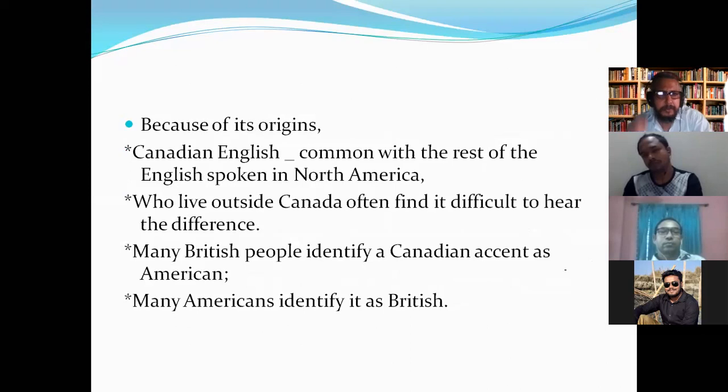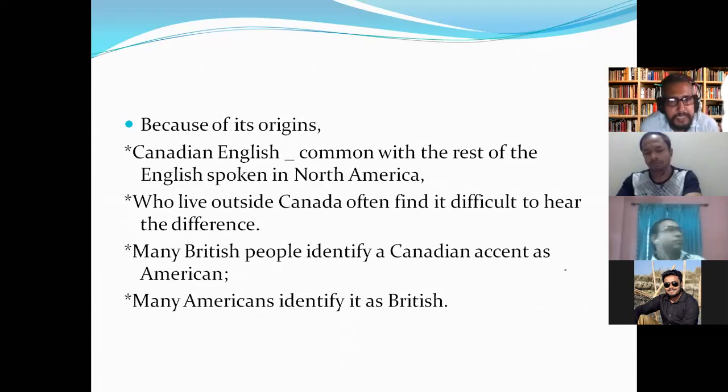Because of its origin, so we have got the origin of Canadian language. Canadian English is common with the rest of the English spoken in North America. As we have understood that people came from Britain, people came from America, but most of the people came from the North American region. And for this region, based on the origin of Canadian English, we get similarity between Canadian English and the North American English.